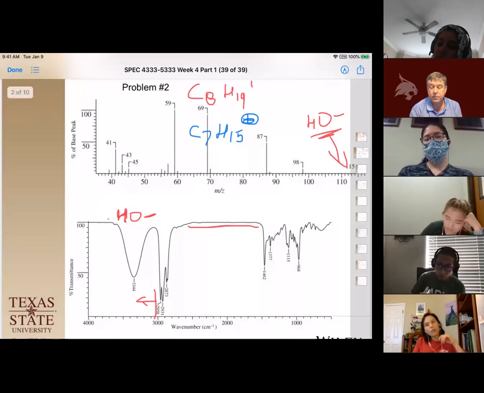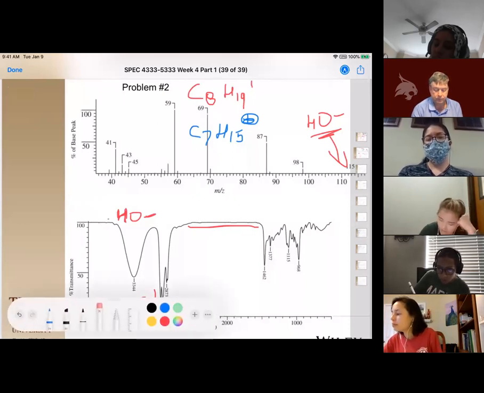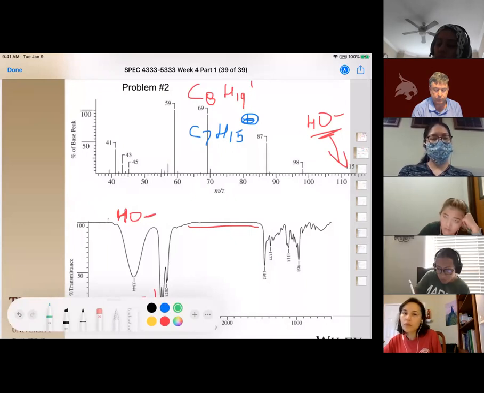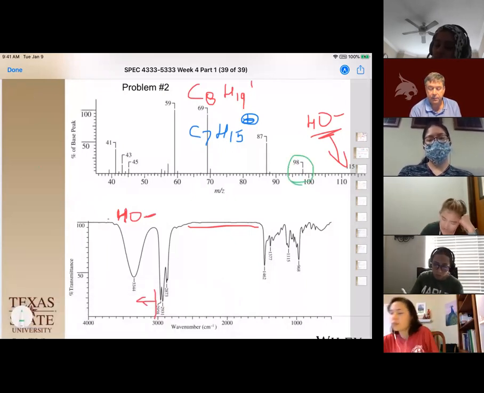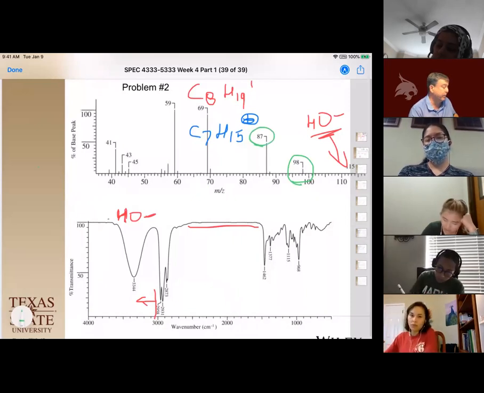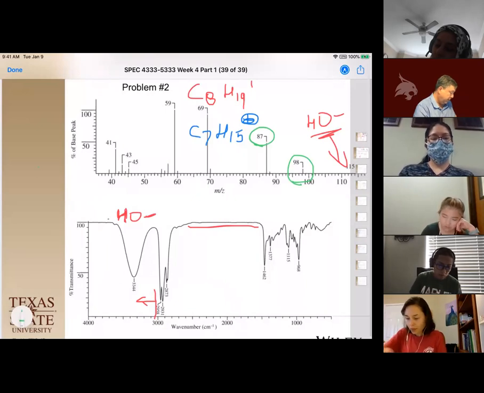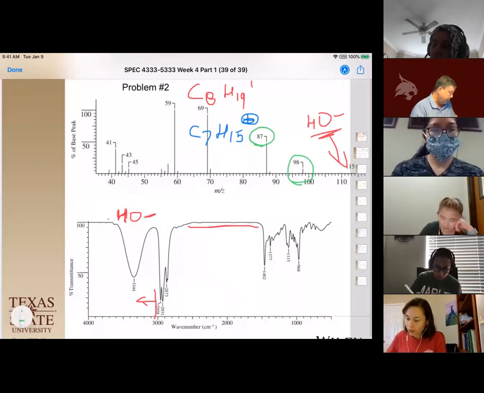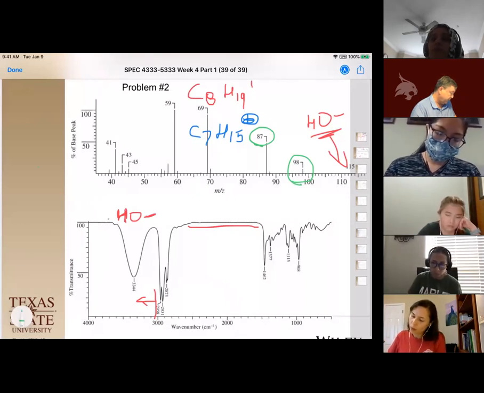If we look at our major fragments, this is kind of a minor fragment, but this is a major fragment, 87. What is 87? Looking at our table here, we have a C3H7CO2.